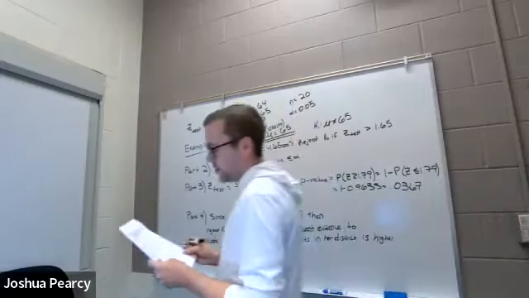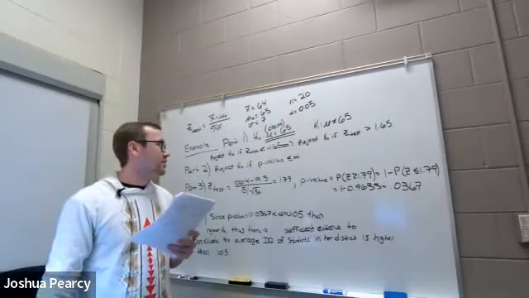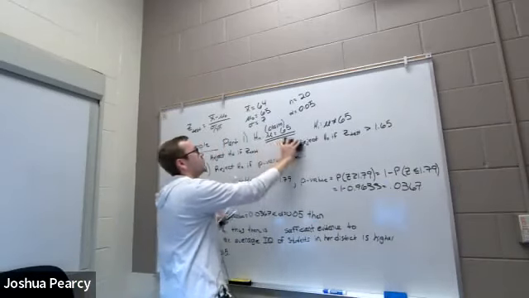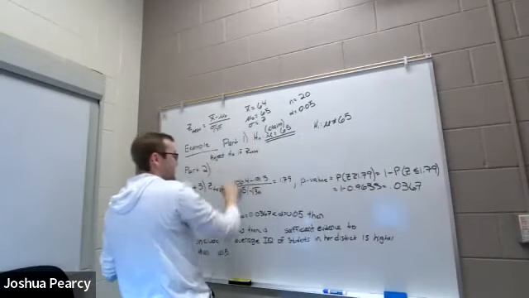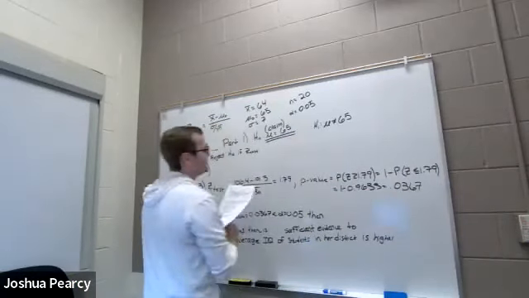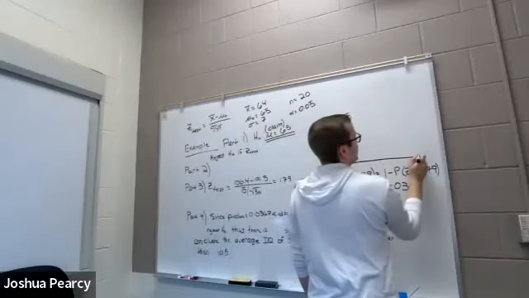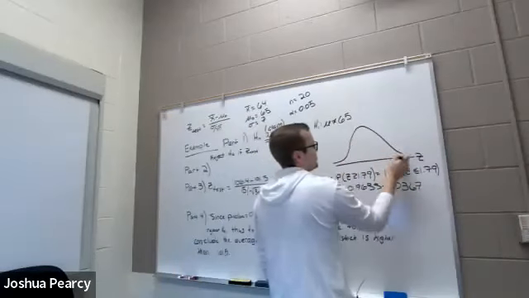Now, part 2, find the critical values and state your decision rule. What tailed test is this? Left-tailed, right-tailed, or two-tailed? Two-tailed, since the alternative is not equal to. That means if you draw out the distribution of the z-scores, your rejection region is going to be two areas.